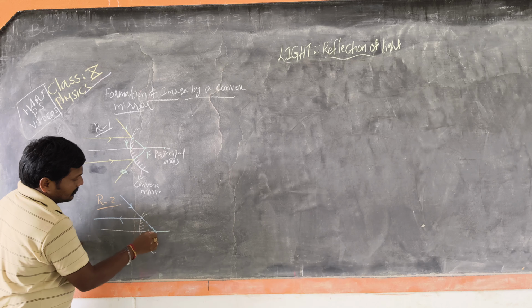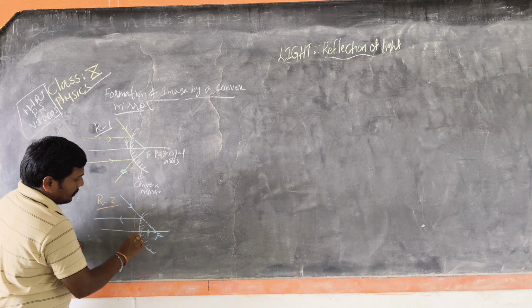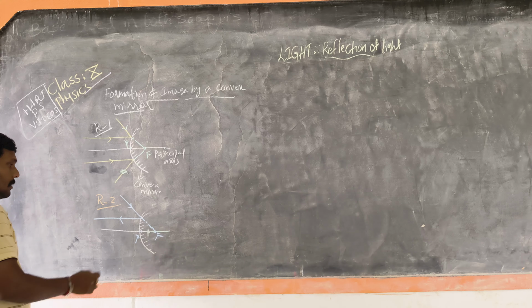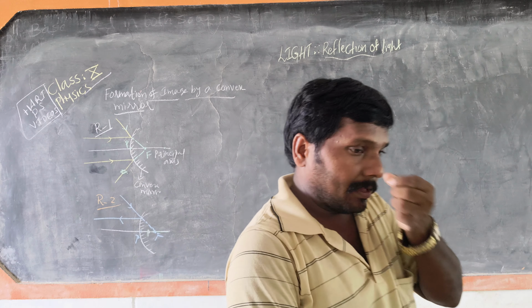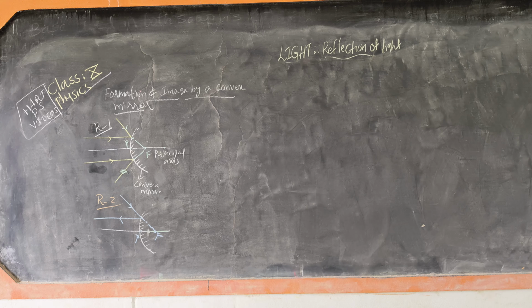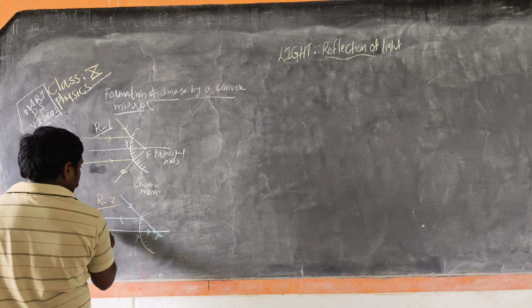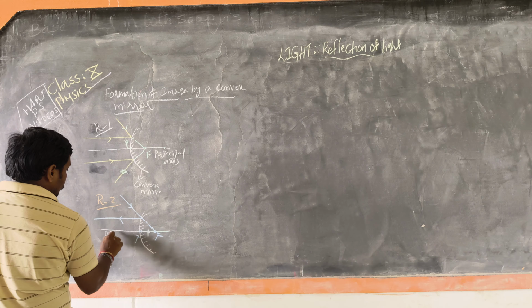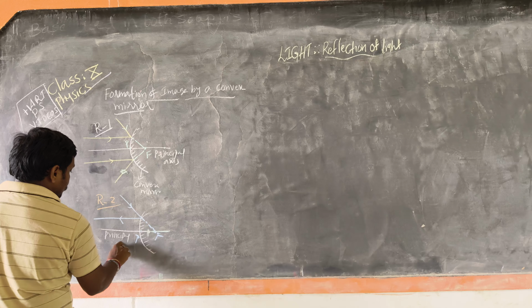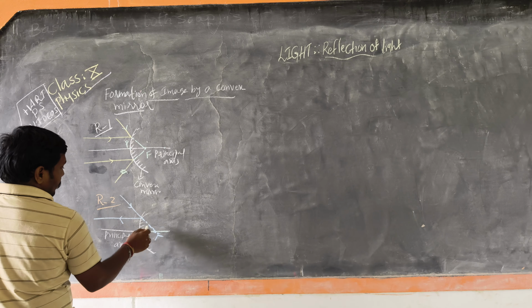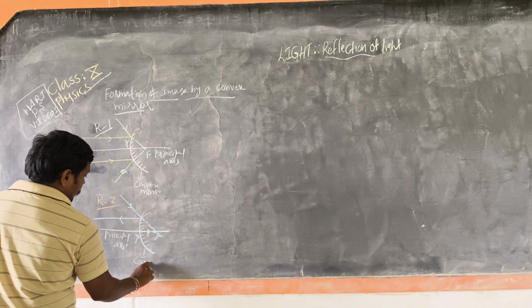So if a light ray is incident on the focus, after reflection it passes parallel to the principal axis. Here are the pole, the focus, and the principal axis of the convex mirror.